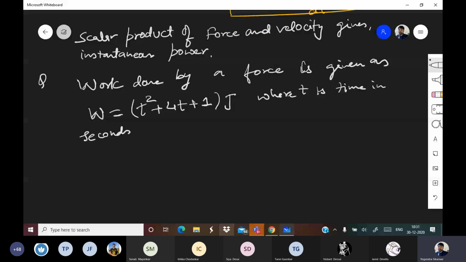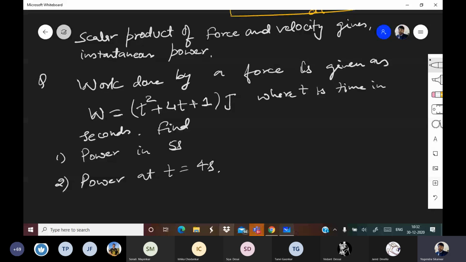Number 1, find power in 5 seconds. Number 2, power at t is equal to 4 seconds. Please solve this quickly.